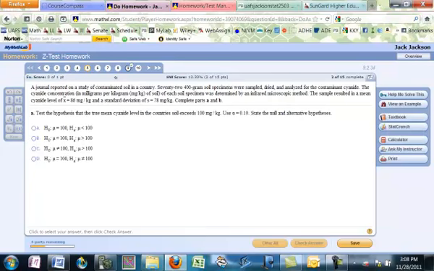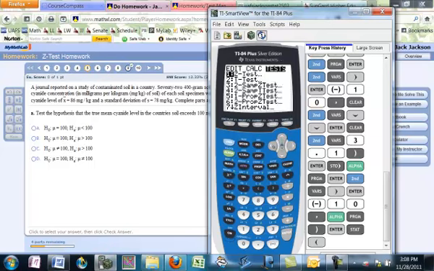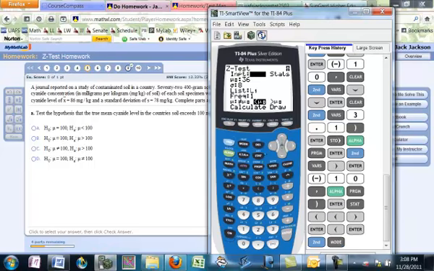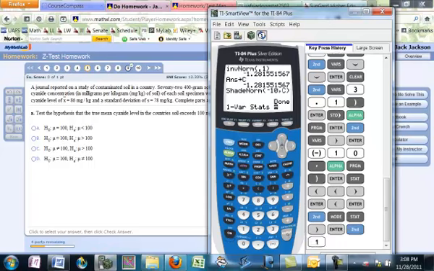Notice that again, just like in the confidence interval case, if I go to stat, let's say we want to use that same information I have in there, and we go to test and do a z-test, and I could go from data. Let me remember what the mean was.